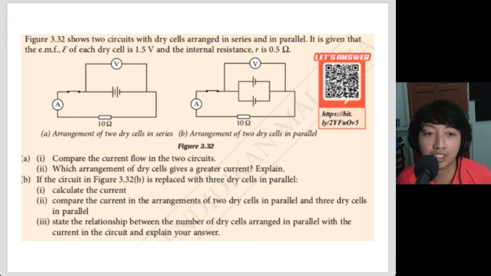Calculate the current. Compare the current in the arrangement of 2 dry cells and 3 dry cells, and state the relationship between the number of dry cells arranged in parallel and the current in the circuit, and explain your answer. Right, so let's start with question A.